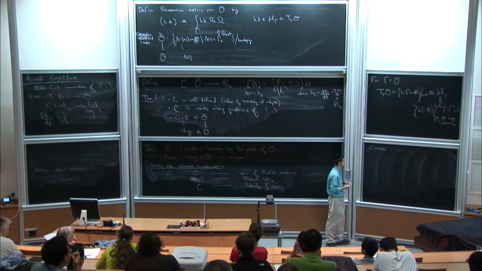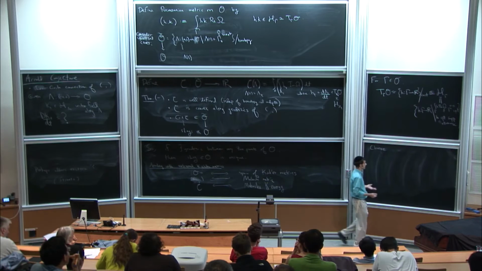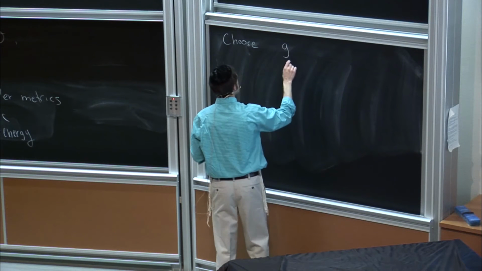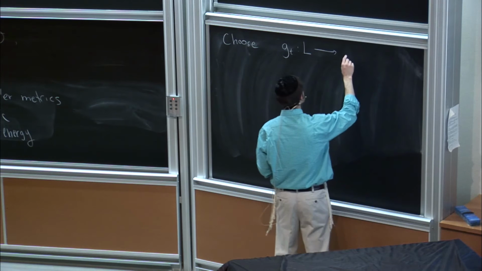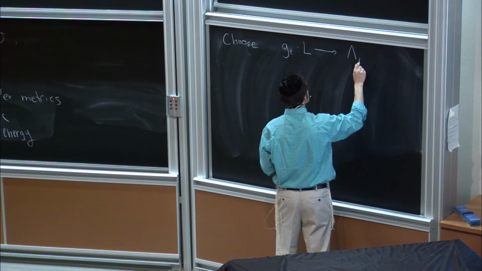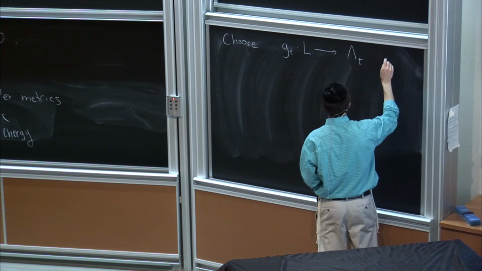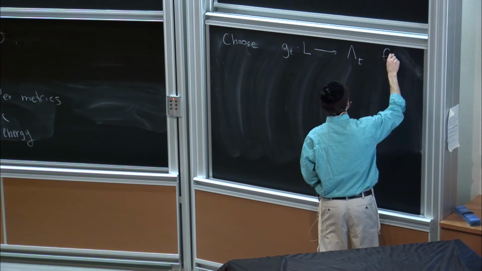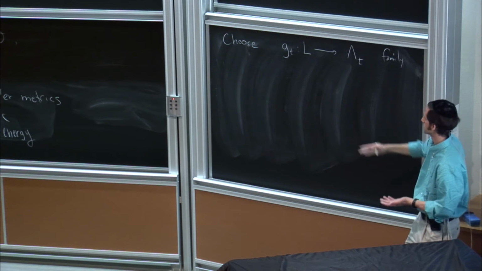So it's useful to choose some kind of parameterization. And of course, the answer we get could depend on the parameterization a priori, but there's a way to do it so it doesn't. So we choose some g_t from L to lambda_t. It's going to be just some family of diffeomorphisms. It's going to make sense of what it means to be smooth because they're just maps to X.